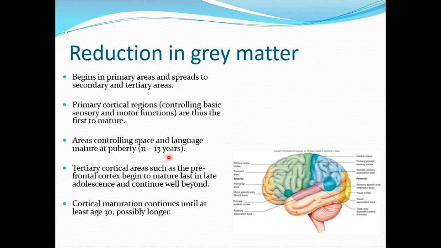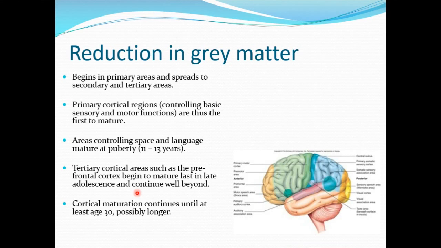Areas controlling space and language mature at puberty between about 11 and 13 years. So if you're testing a child that's beyond the age of 13, their spatial and language functions should be about as good as they're going to be. I'm not talking about language learned, I'm talking about language ability. Tertiary cortical areas, such as the prefrontal cortex, begin to mature last in late adolescence and continue well beyond.